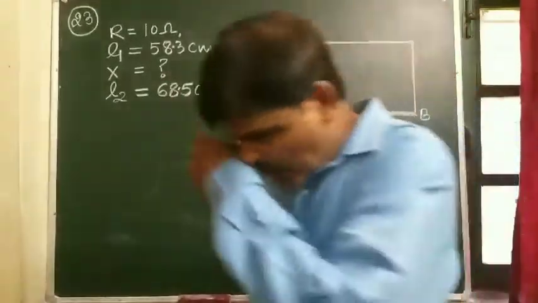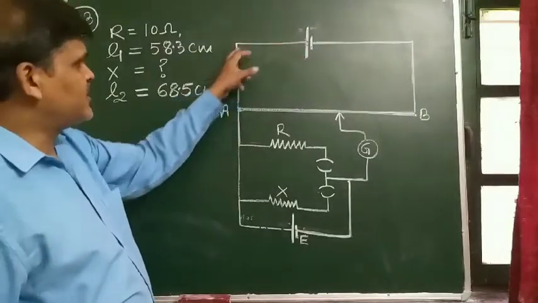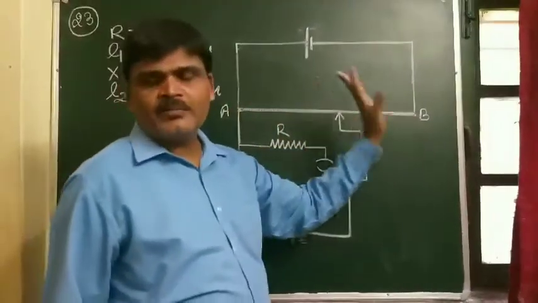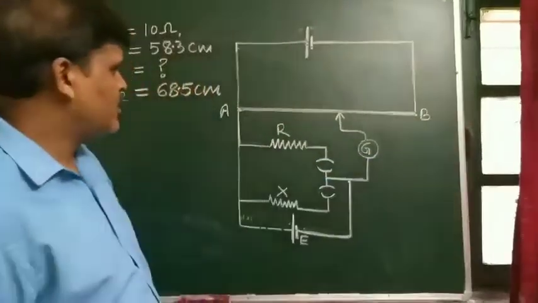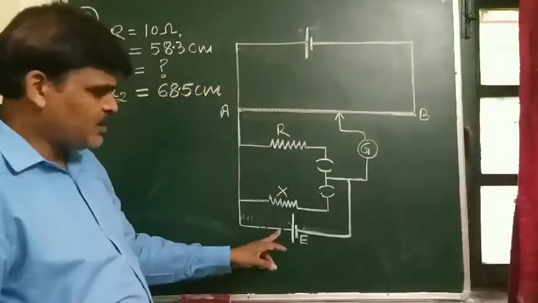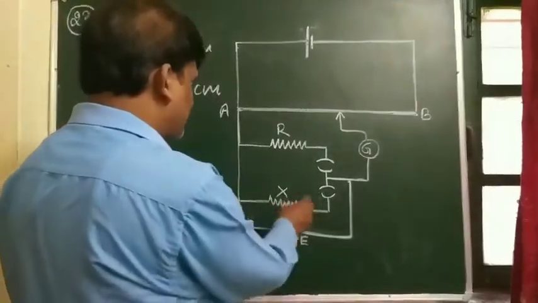Student, first of all, a driver cell sends current into the potentiometer wire, and there will be a potential drop across the potentiometer wire. Now student, this cell whose EMF is E sends the current.